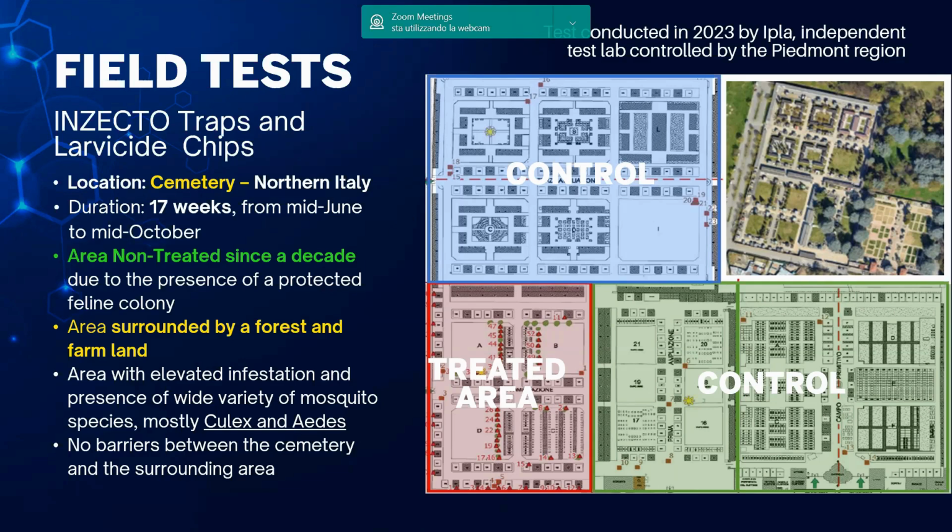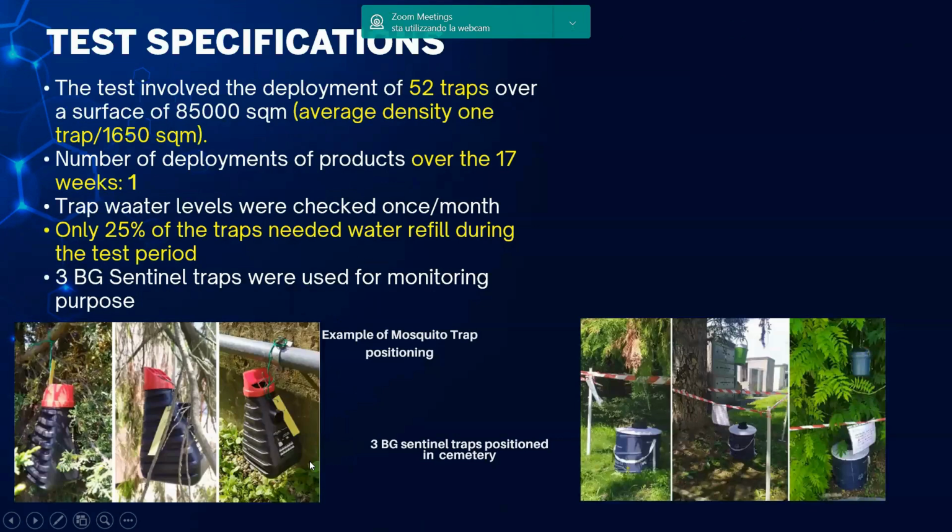The company that ran the test, which is an independent lab controlled by the Piedmont region in Italy, separated the area into 3 different areas, each one with BG sentinels for control, and documented a wide variety of mosquito species present in the area, but mostly Culex and Aedes. And this is how they positioned them.